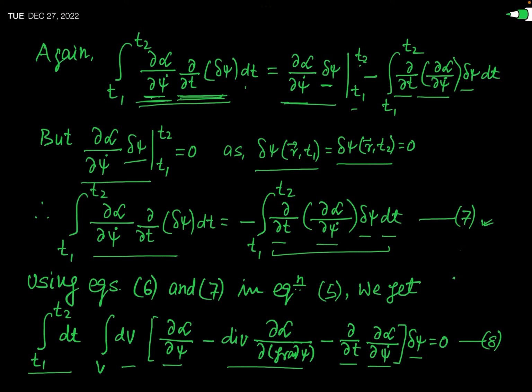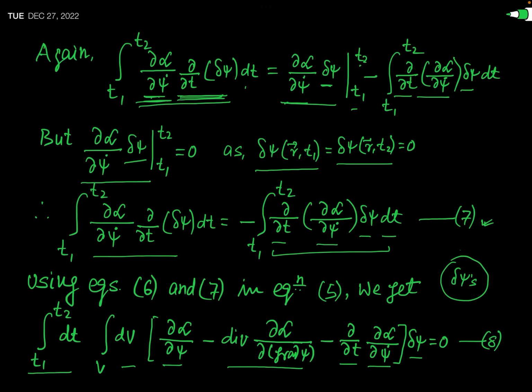Now as you know, all the values of these delta psi's are arbitrary and independent from one another, because the amplitudes of the field psi 1, psi 2, psi 3 are all independent from one another.